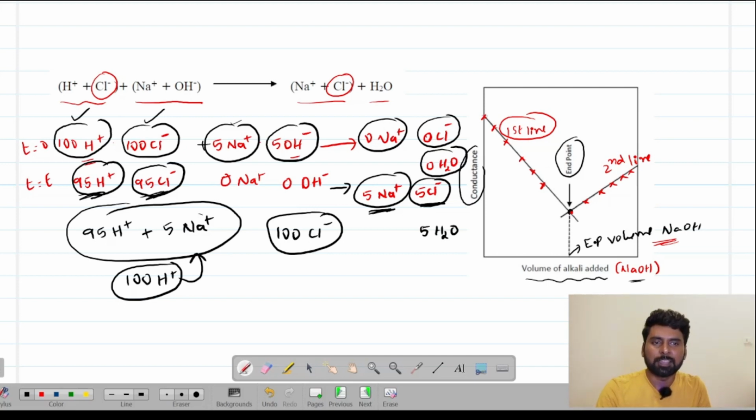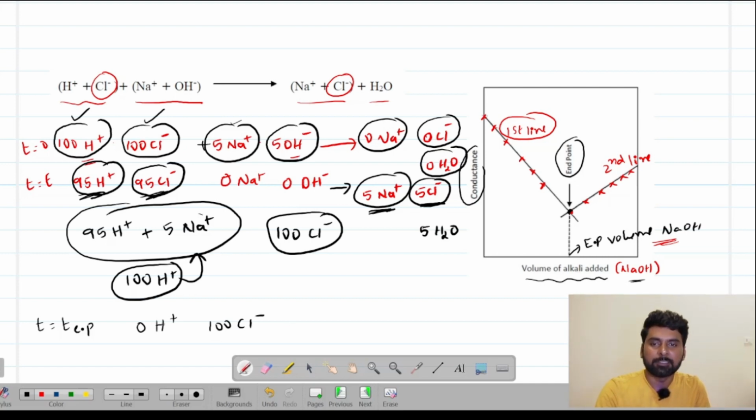So once the endpoint is reached, what is actually the endpoint? All H plus is neutralized by OH minus. That means at time t equal to t endpoint, there will be no H plus, everything is neutralized. Cl minus ions will be there as it is, 100 Cl minus.